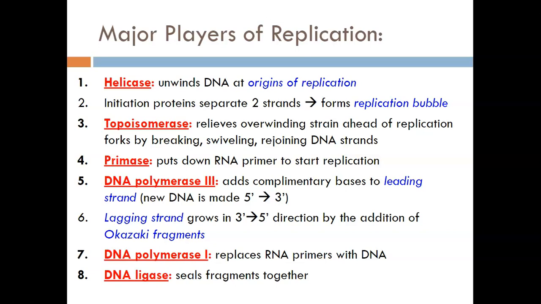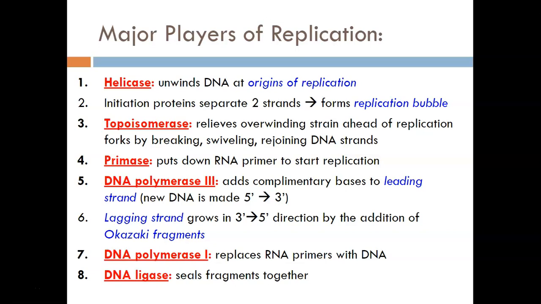It's responsible for breaking those hydrogen bonds and opening up and unwinding the DNA at something called the origin of replication, which is where you're going to start replicating. And it forms a little bubble. It's actually going to go in two directions as it moves, because replication can happen in two opposite directions at the same time.